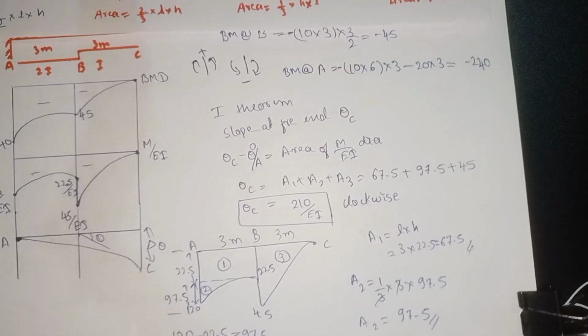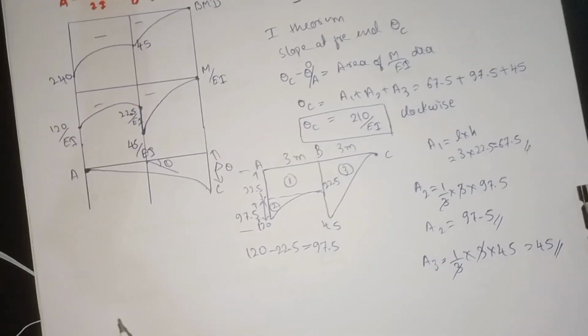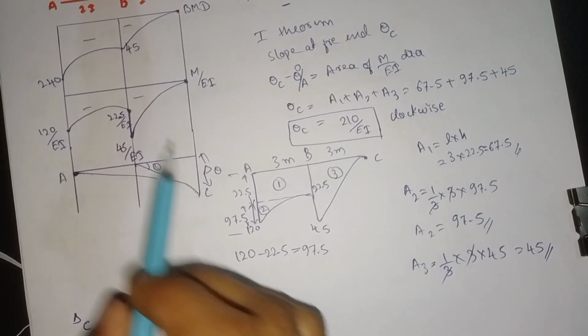This is how we need to find the slope at point C. Now we need to find the deflection at the free end. So deflection is nothing but our delta C at this free end.